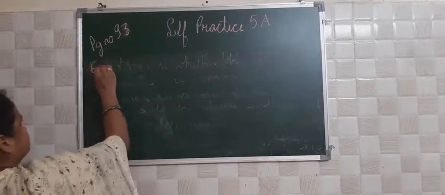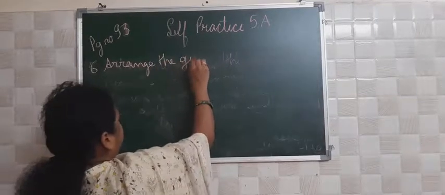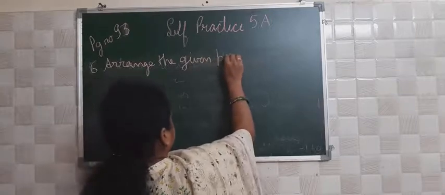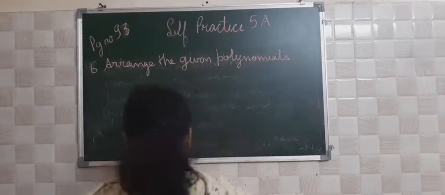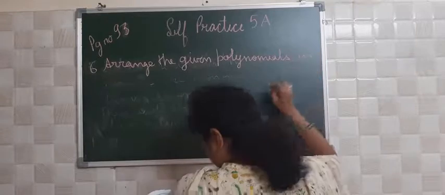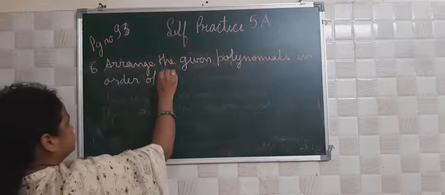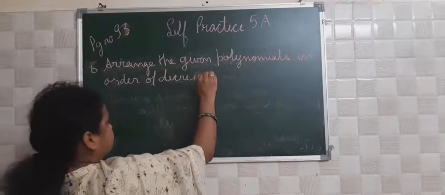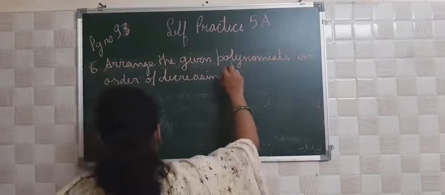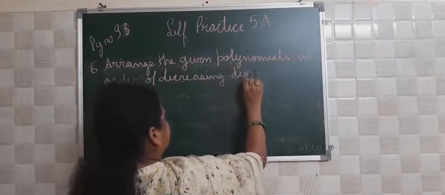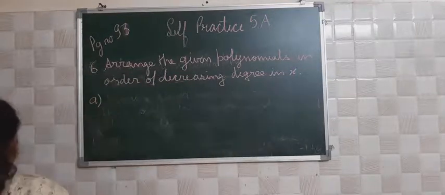Arrange the given polynomials in order of decreasing power of x, decreasing degree in x.